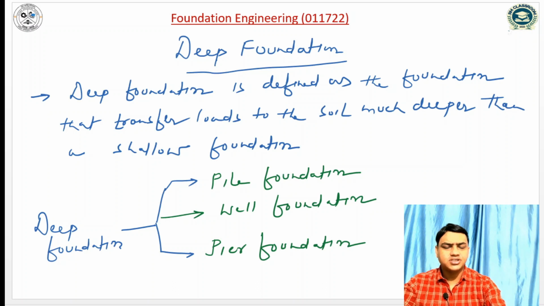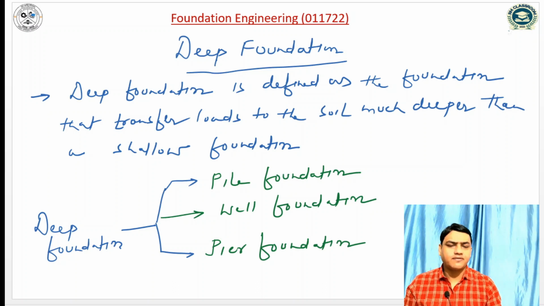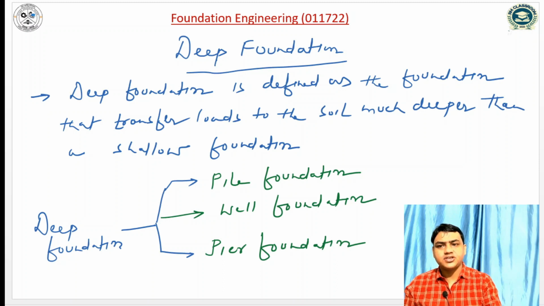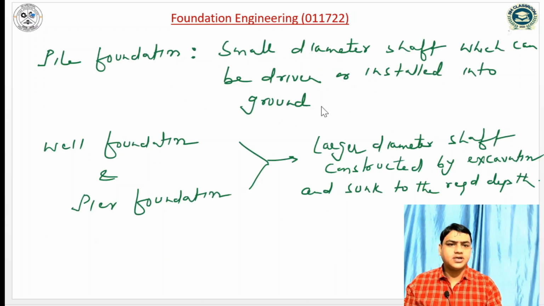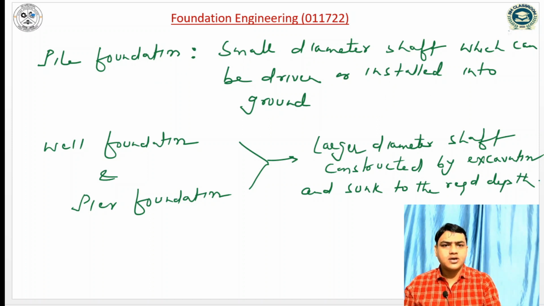Pile foundation is generally used for a smaller diameter shaft which is installed into the ground, and well foundation and pier foundation generally use a larger diameter shaft. Here we can see a small diameter shaft for pile foundation, which can be driven or installed into the ground, and in pier foundation or well foundation, a larger diameter shaft is constructed by excavation and sunk to the required depth.